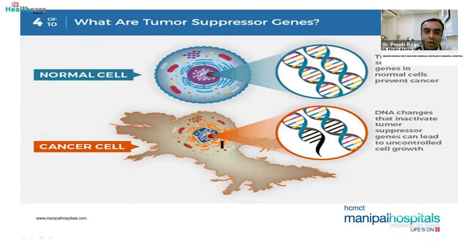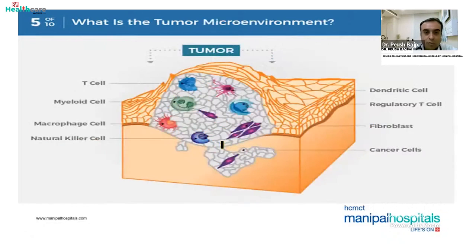So this is how a normal cell would turn into anarchic cells, not inhibited by these tumor suppressor genes, which would be absent in certain individuals. Then it could lead to rapid growth, and what results is an accumulation of cells, which is called a tumor, as you can see over here.